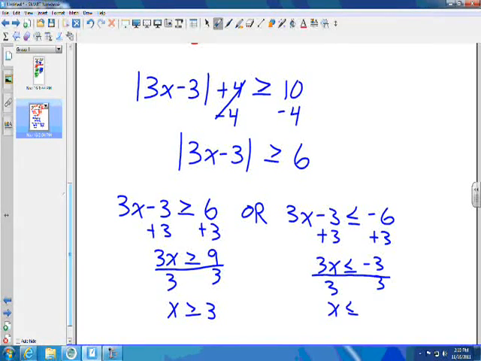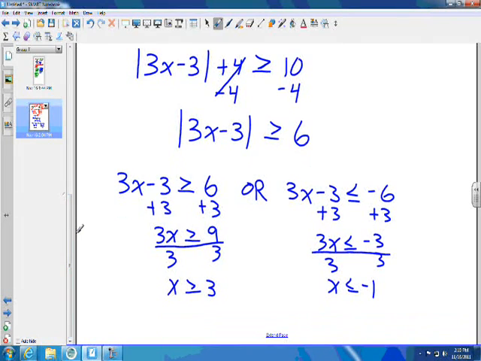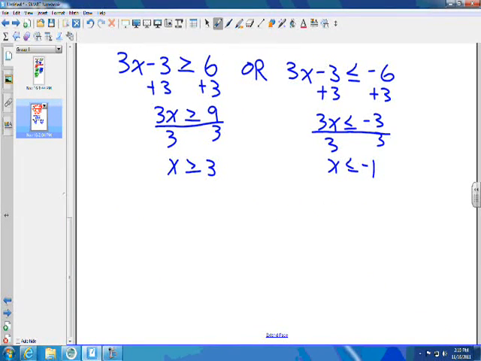So x is less than or equal to what? Negative 1. So this is the only one of these we've had so far. Negative 1 and 3, and they're both closed circles this time. And we still shade away from the middle.